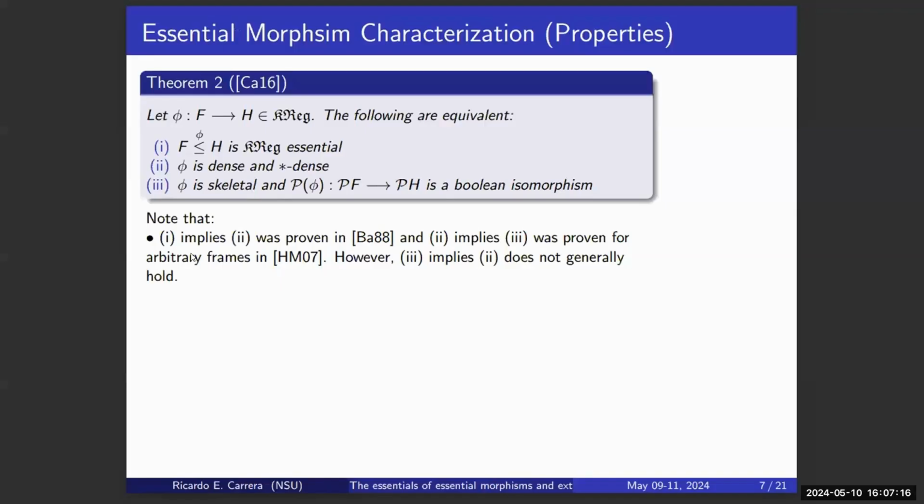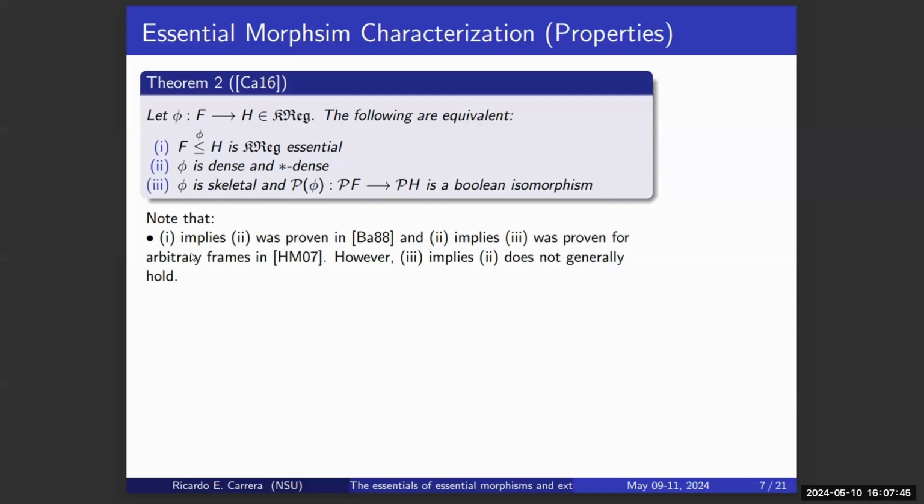Let me just give you a little bit of the background. 1 implies 2 is something that Banaszewski showed in that paper where he defined the absolute, which we're going to get to in a second. And 2 implies 3 was also proven for arbitrary frames by Hager and Martinez in 2007. What's different here is that typically 3 does not imply 2, but it does in this particular category.